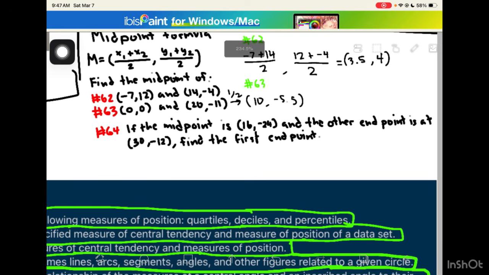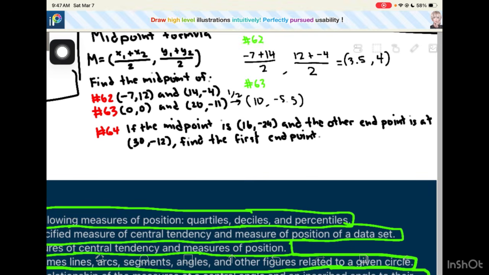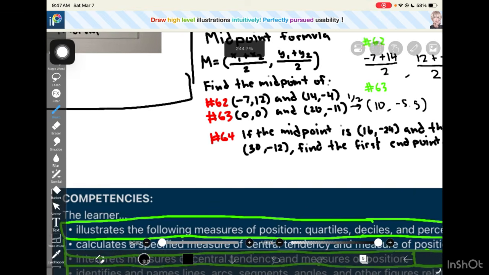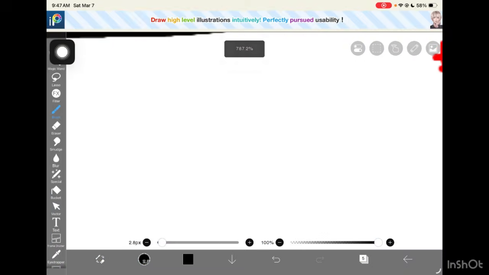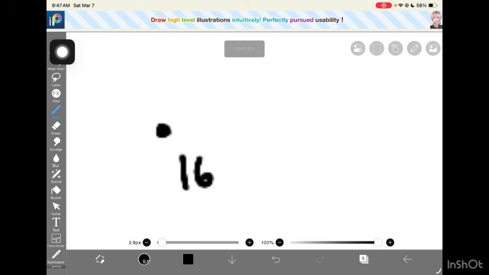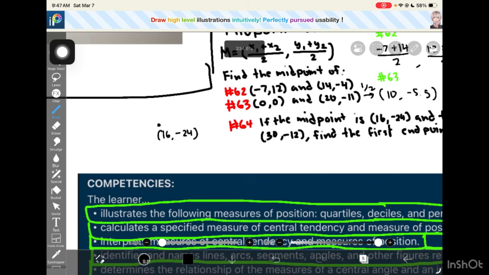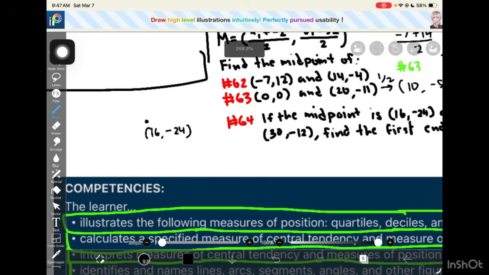So this one, you'll also encounter this one. If the midpoint is 16, negative 24 and the other endpoint is at 30, negative 12, find the first endpoint. So it's actually helpful that you visualize this one. So we have 16, negative 24, right? And then we have another point at 30, negative 12.